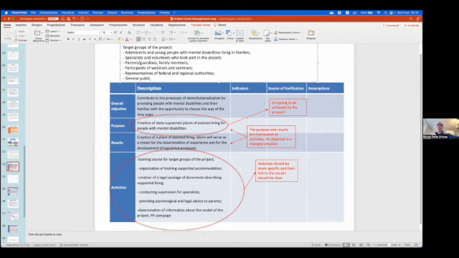First of all, the purpose and the results of this logical framework are formulated as activities, because you see there is creation of state-supported places of assisted living for people with mental disabilities. So this gives you the impression of an activity.